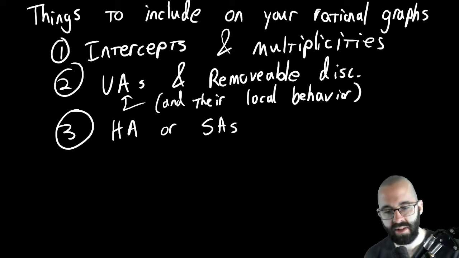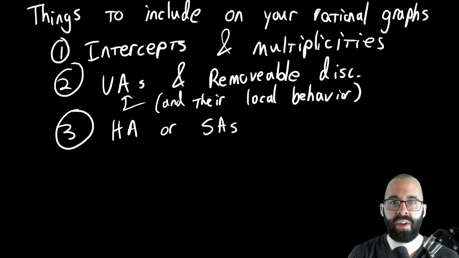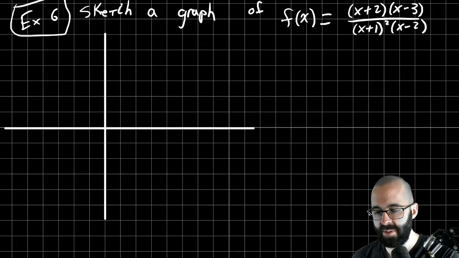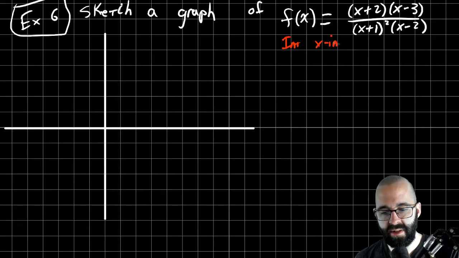So, step by step, what are the intercepts and the multiplicities of those x-intercepts? Let's find them out. Let's start with the x-intercepts. The x-intercepts are when y equals 0.